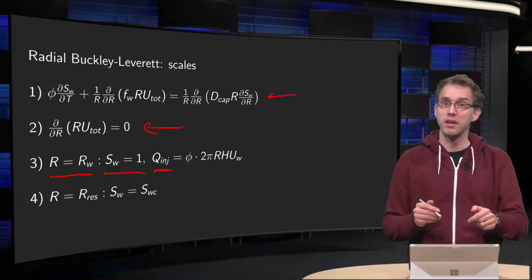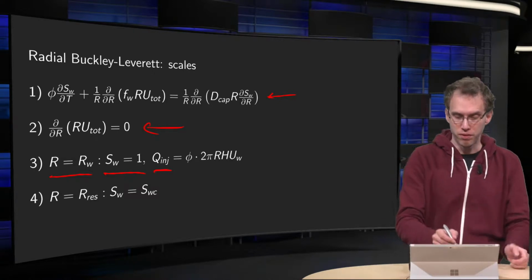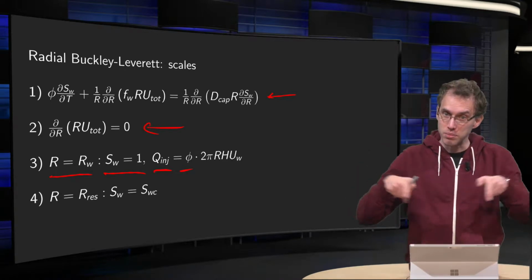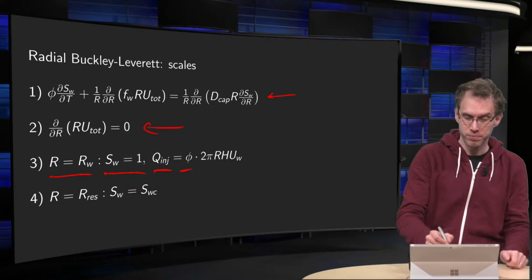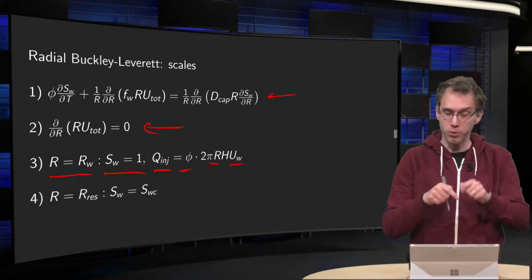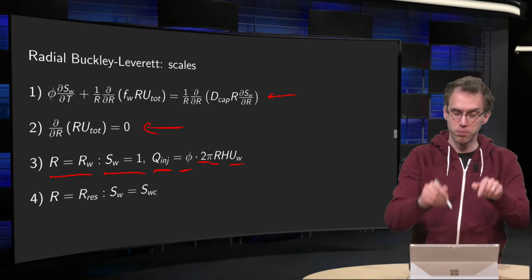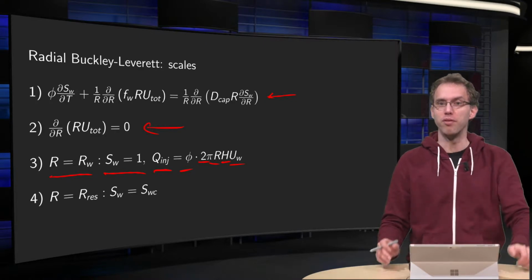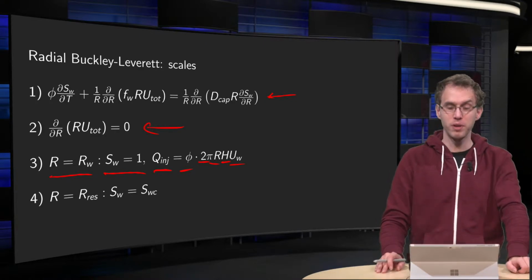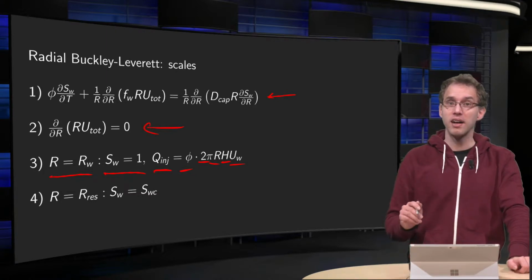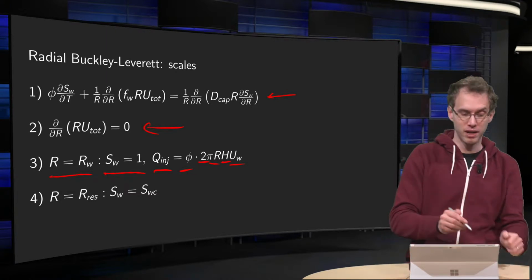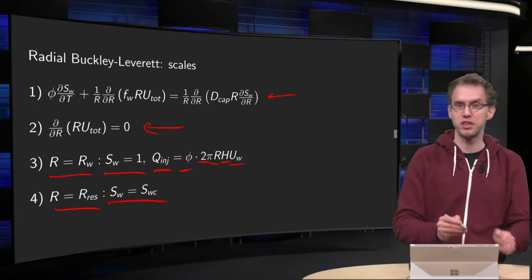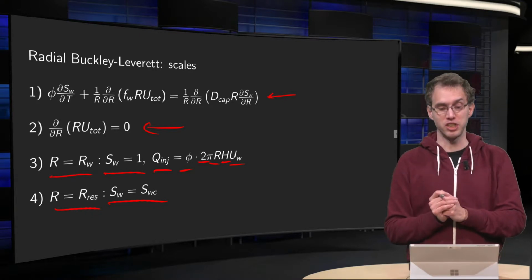Well, you have phi, the porosity, of course, times the flux, which is R times U_W at the well, times a factor of 2 pi times H. So suppose we know that, suppose it's given, so we open up a valve to some extent, so we know this quantity. And then, what do we have far away at R equals R reservoir? Well, we have some S_W, probably the connate water saturation. That's the final boundary condition.